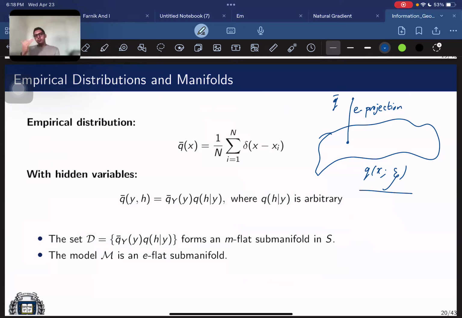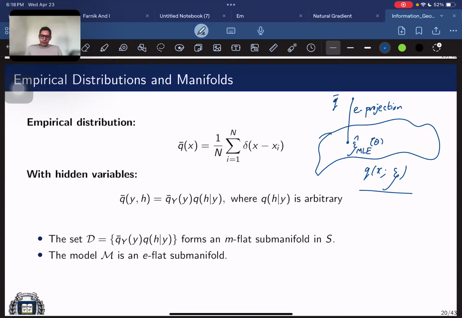This would result in the MLE estimator of theta, of this Q bar, and this would be an E projection. But here, we don't have access to the whole empirical distribution. We have hidden variables.